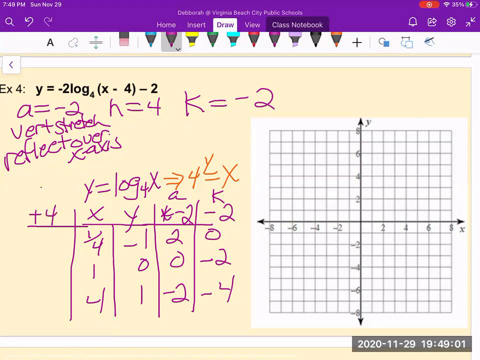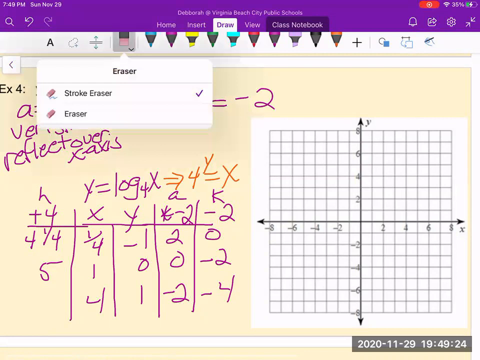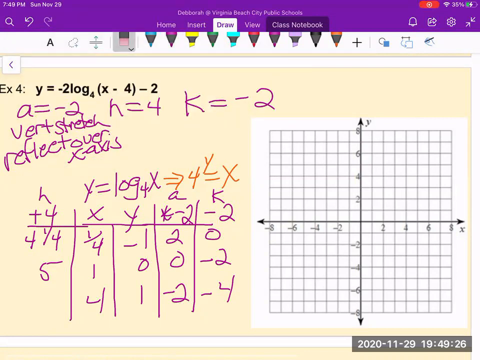So this is h. So 1/4 plus 4 is 4 1/4. 1 plus 4 is 5, and 4 plus 4 is 8. I take that back, I wasn't adding the 5, I was adding 4. I looked at my chart.